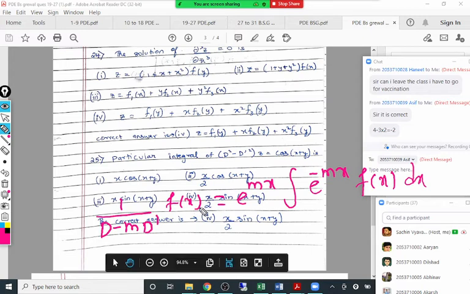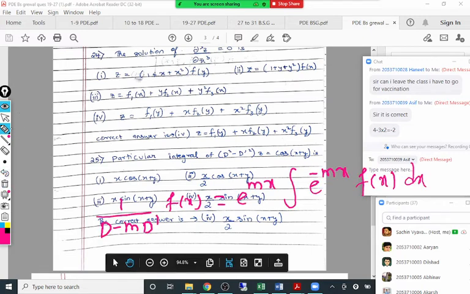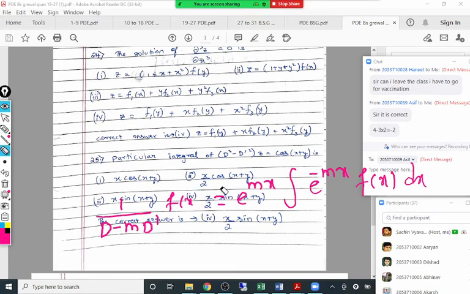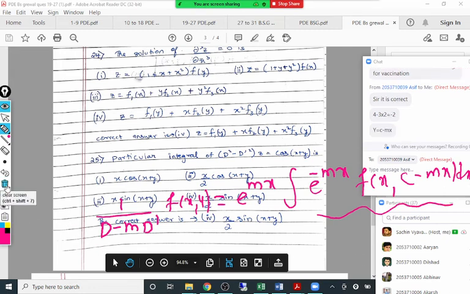So if f of x comma y is there, we replace y by c minus mx, something like that, and dx. So that formula we have seen, and then you have to do this. That way you will get that answer. Yes, y is equal to c minus mx, correct answer.